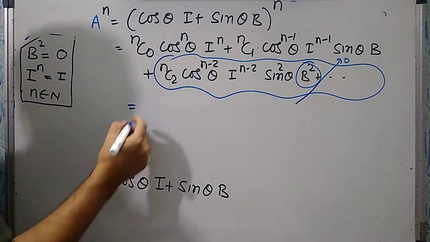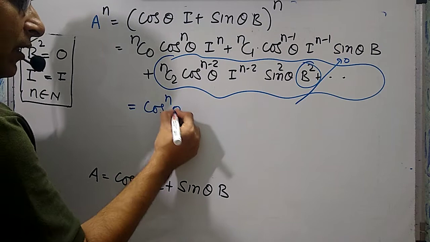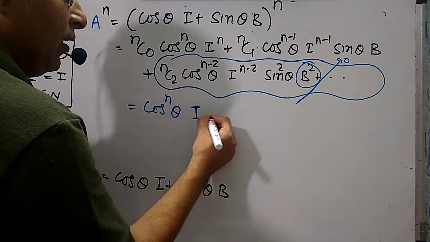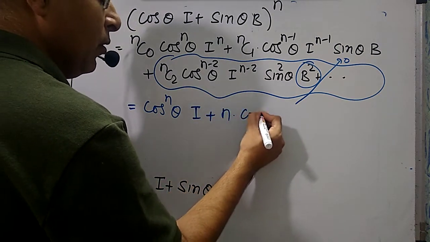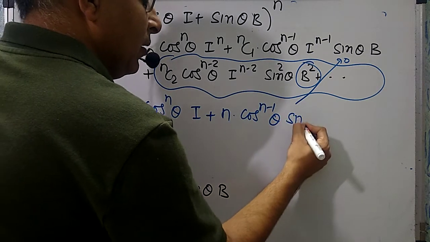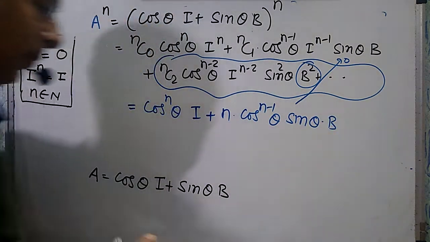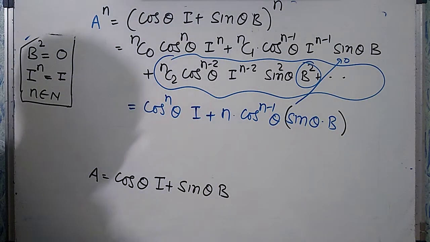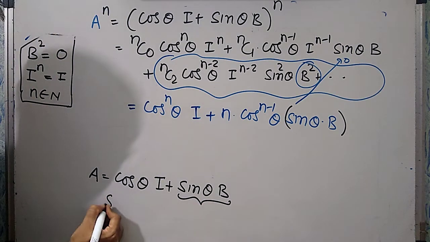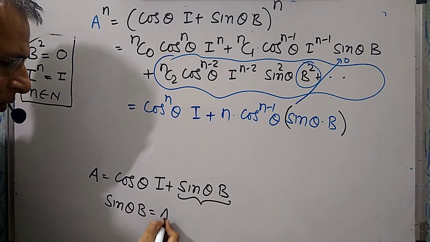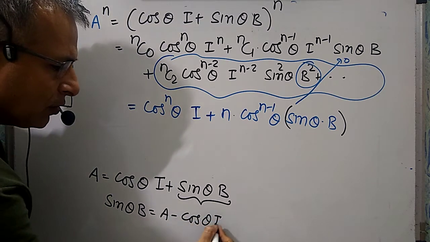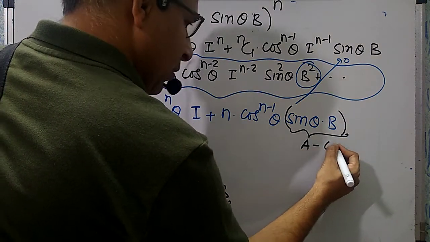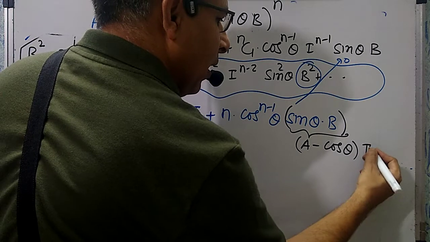So it becomes nC0 is 1, cos^n theta, I^n is I, multiplied by I, plus n times cos^(n-1) theta sin theta times B. Now we also know that sin theta times B is replaced by A minus cos theta times I.